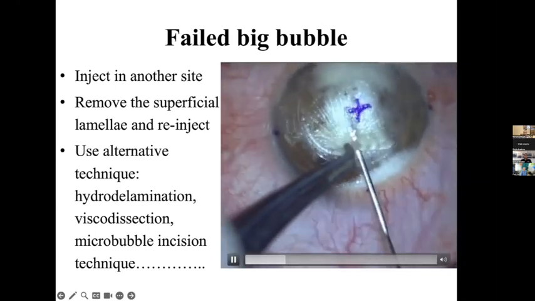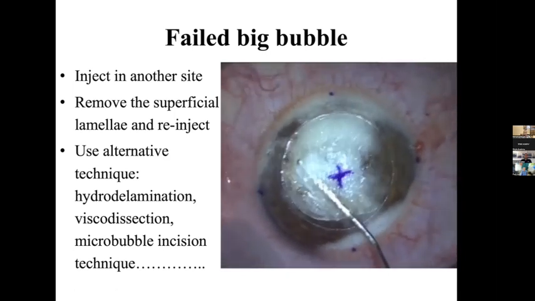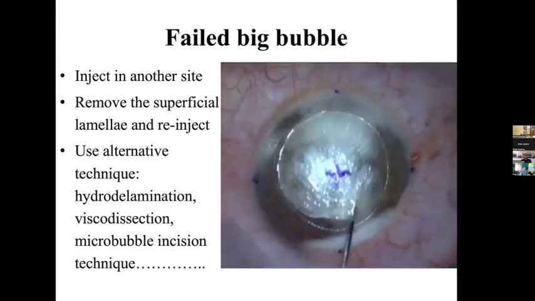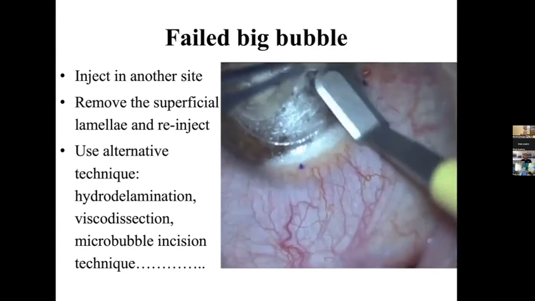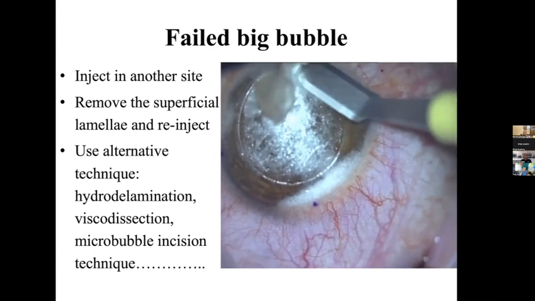This is the third or the fourth injection, another fifth injection. And then you may remove the superficial lamellae, do a superficial keratectomy, and try injection at a deeper level.